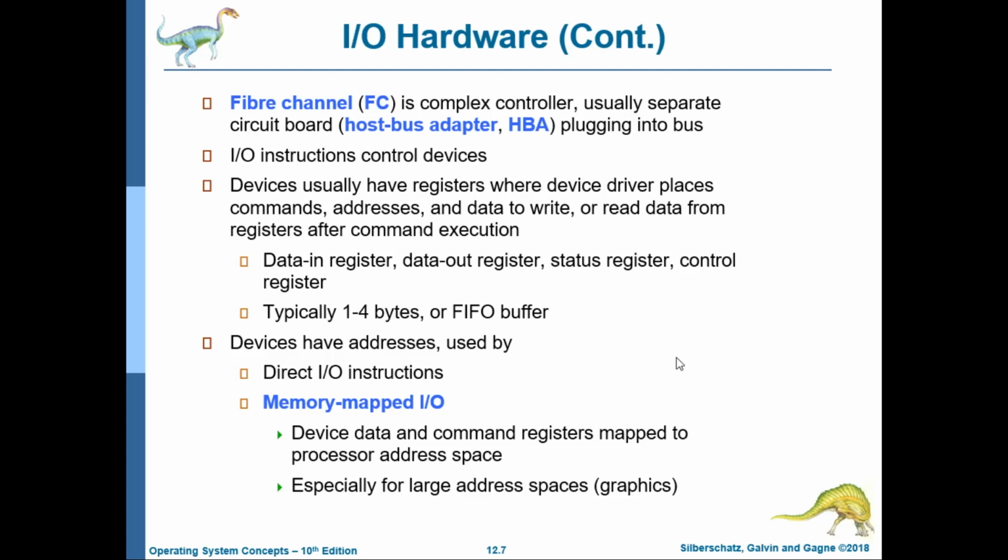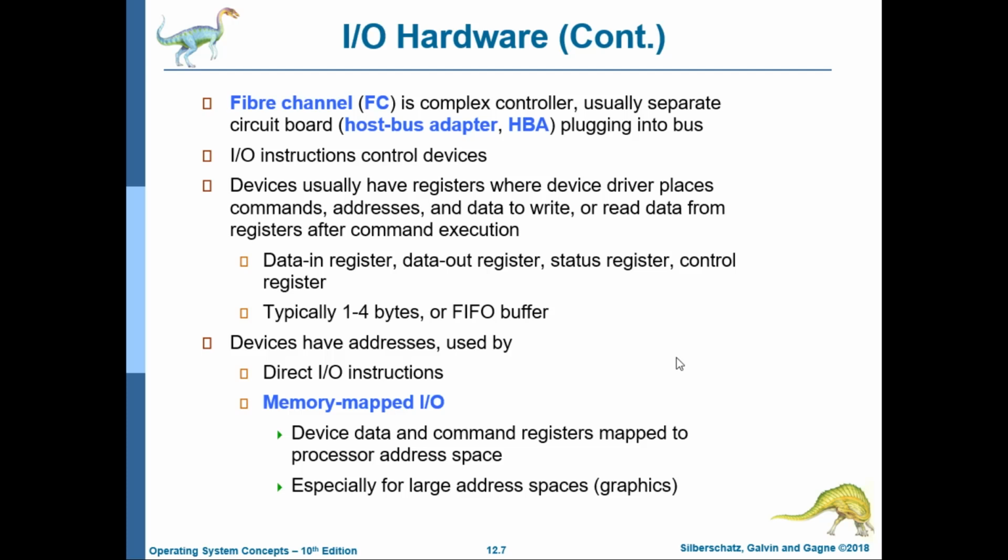And then we have the data. What are these registers? We have the data-in register, the data-out register, the status register, and the control register. Typically they are 1 to 4 bytes, and it has a FIFO buffer, or first in, first out buffer. And devices have addresses, which are used by direct I/O instructions, or can be used by memory mapped I/O.